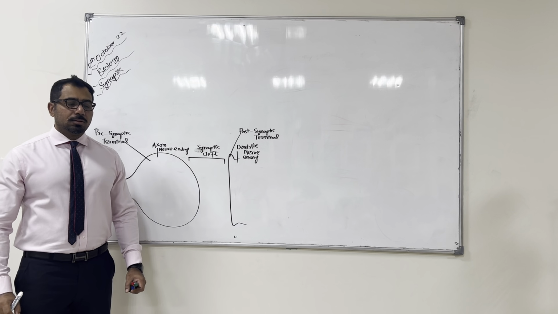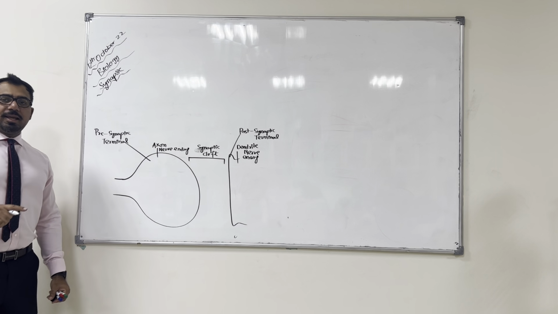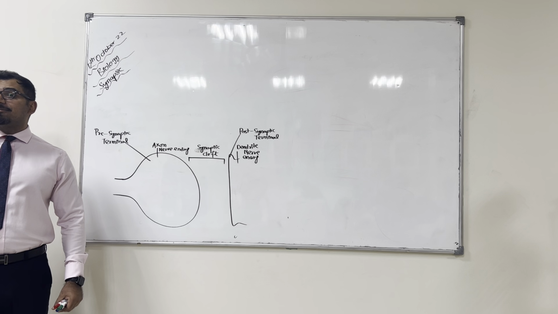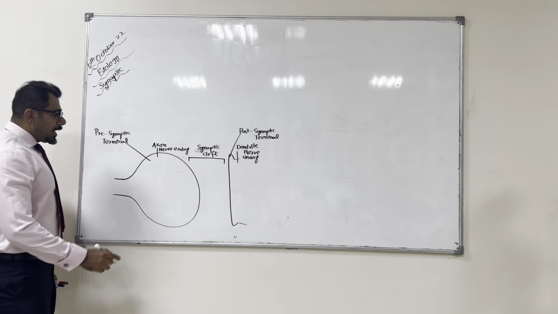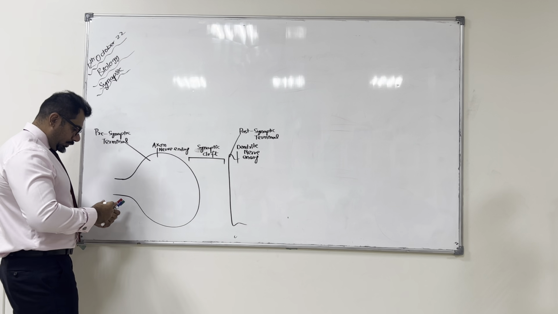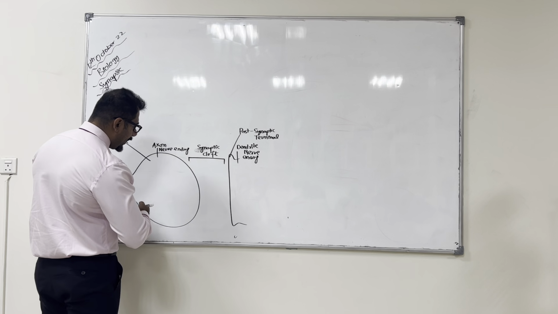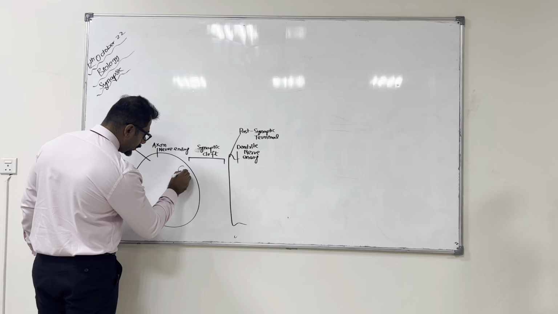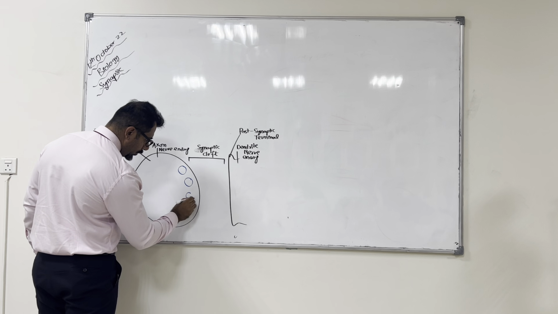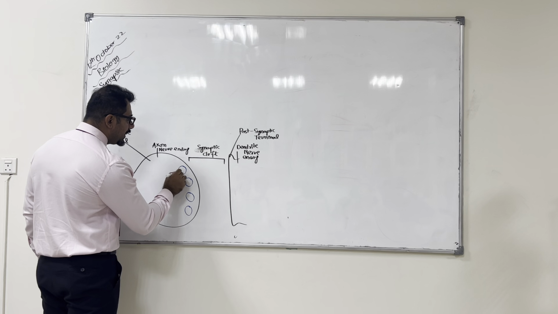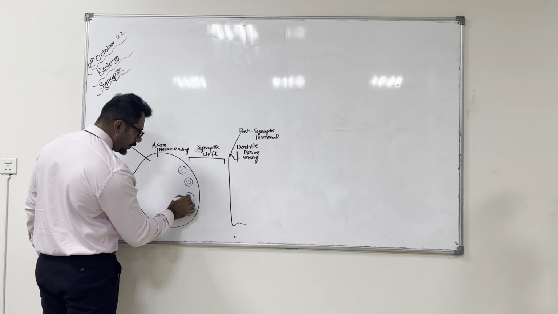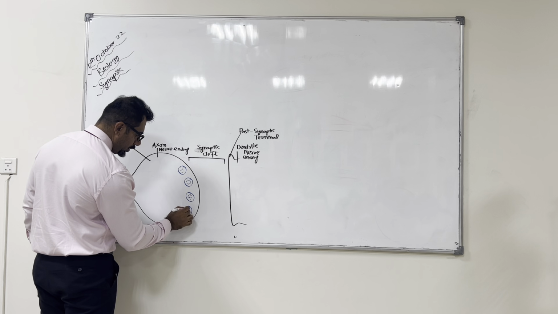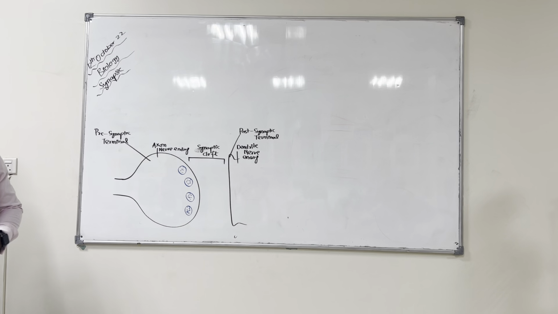Now, we learned yesterday in the receptor cells there are vesicles that contain what? Neurotransmitters. Now, over here, there are vesicles present, and these vesicles do contain neurotransmitters in them.